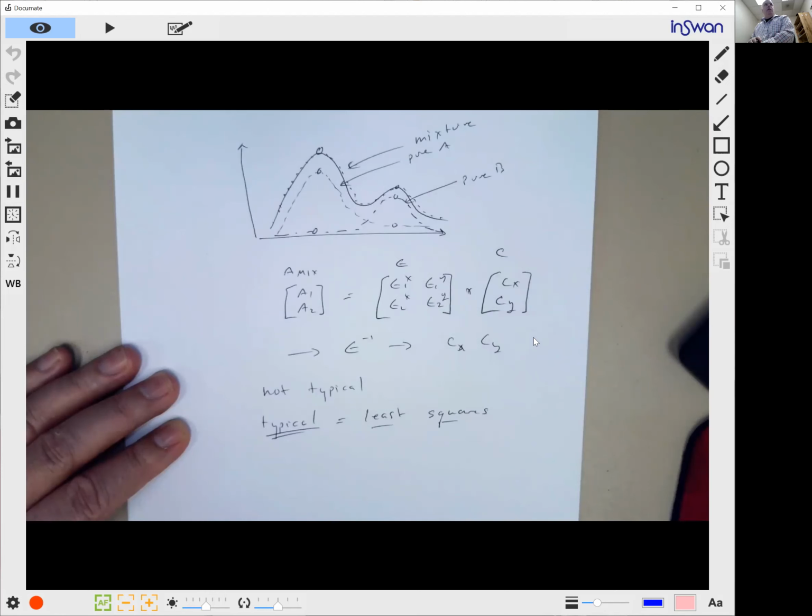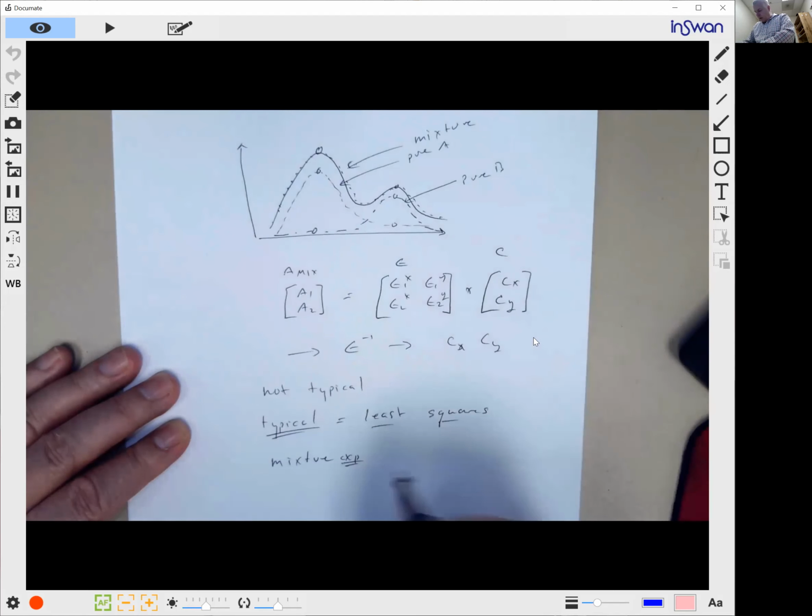In least squares, you're going to have an experimental mixture. This is what you measure.